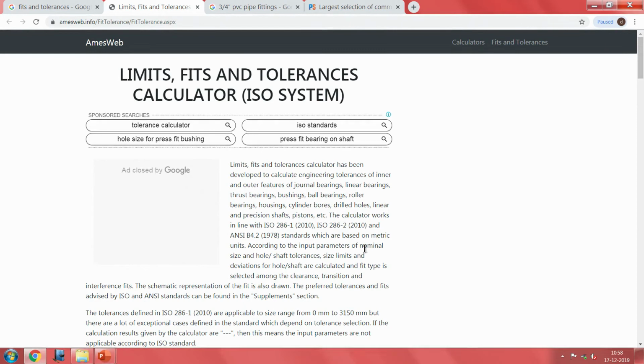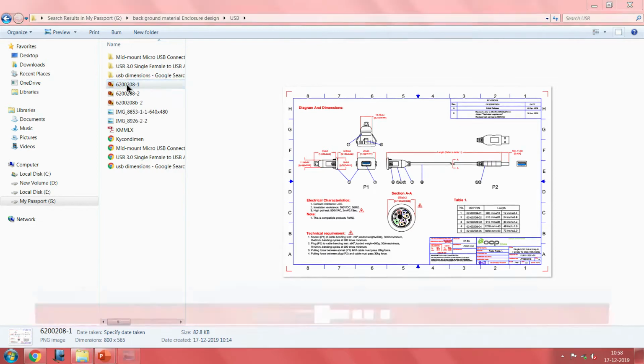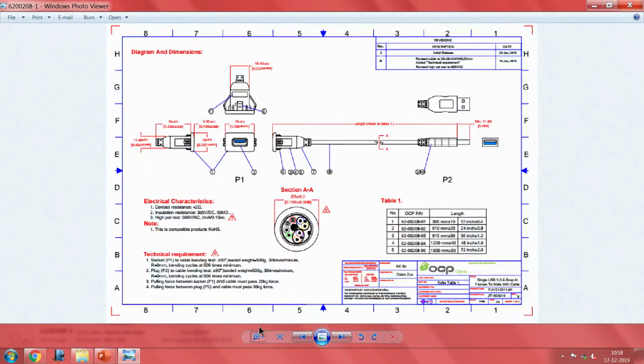You may be wondering, why are you stressing all these things? At this point, let me show you, even electrical items invariably end up with drawings like this. It looks somewhat scary.